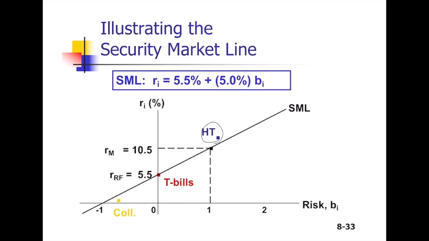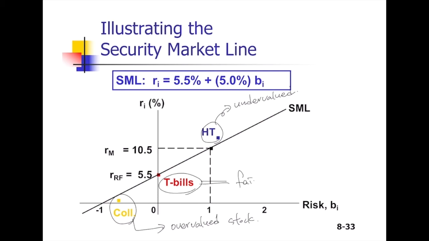It is above the SML line. It means undervalued stock. What about this collection agency? It is below the SML line, so we can say this is overvalued stock. What about T-bill? It is the same as SML, right? So we can say it is fairly valued.